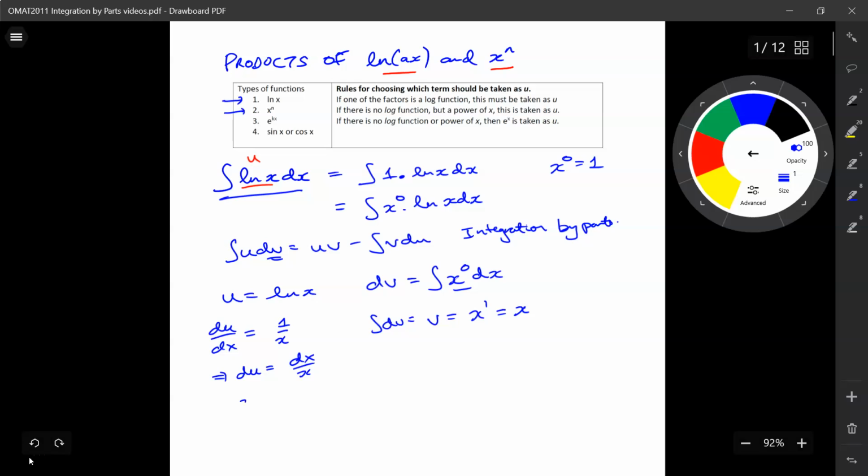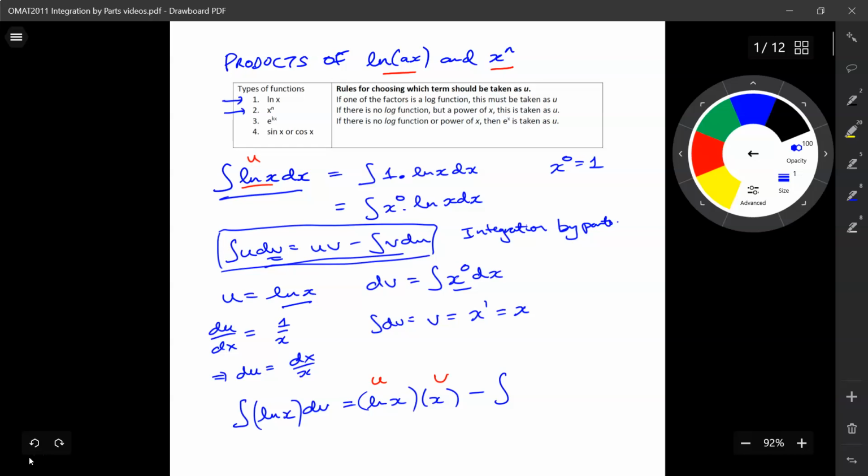So the integral of u dv, where u is the log of x, is equal to u times v, so the log of x times x, minus the integral of v du. I'm plugging these values into the formula up here.